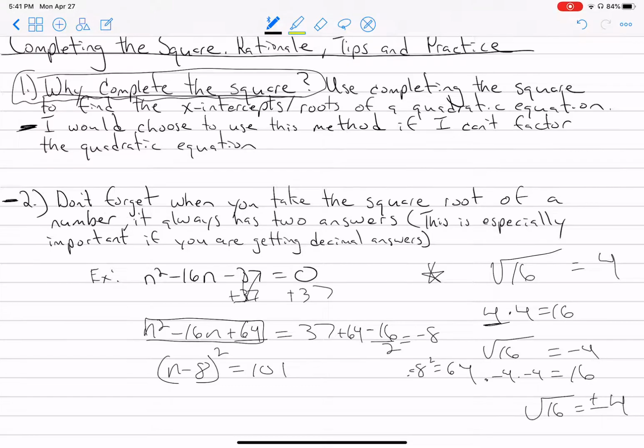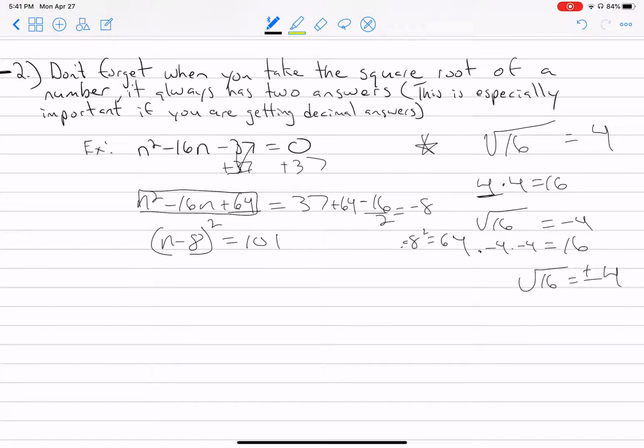This one should look familiar because it's straight from your homework. Now, if I was doing this, I'd be taking the square root: n minus 8 equals plus or minus the square root of 101, which means that n minus 8 has to equal the square root of 101, and n minus 8 has to equal the negative square root of 101.